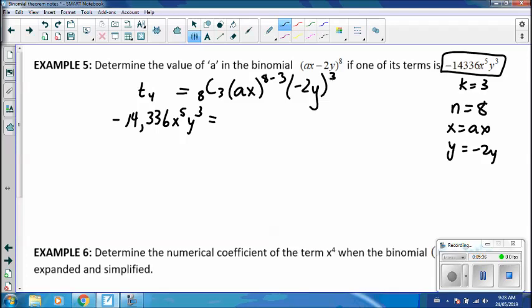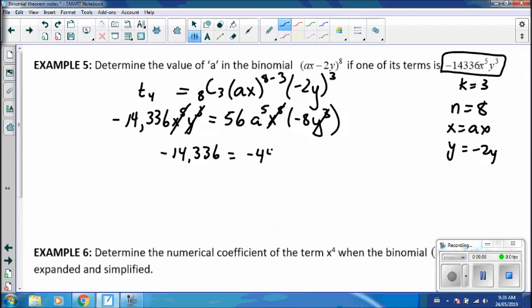And now, 8 choose 3 is 56. A to the power 5, x to the power 5, times negative 8 y cubed. And what I might do is just cancel this, and this x, and that. And so I'm left with negative 14,336 is negative 448 a to the power 5.